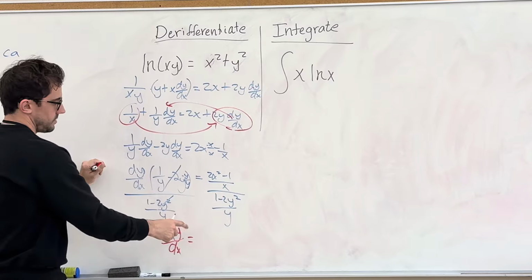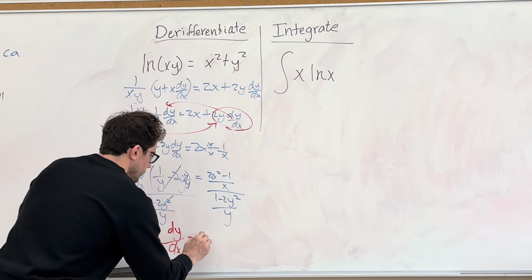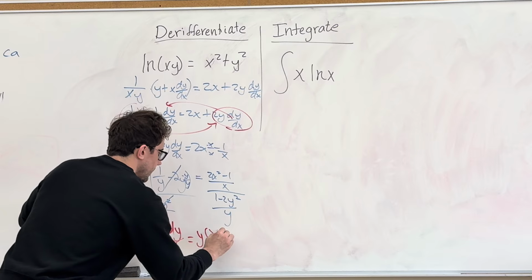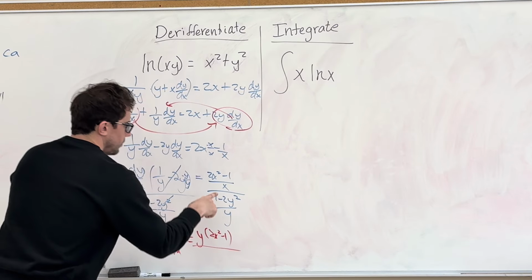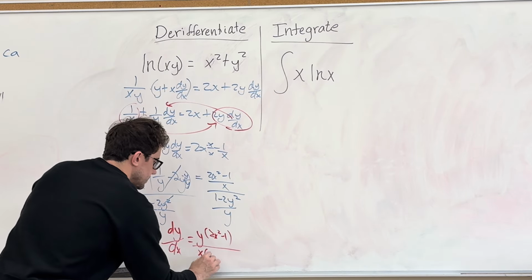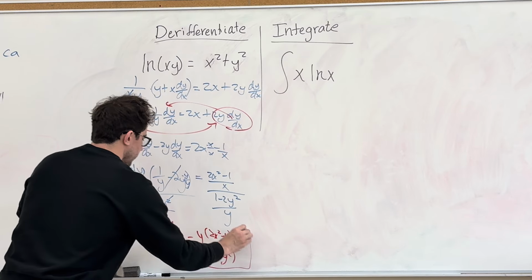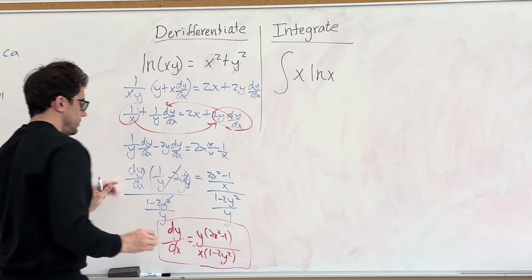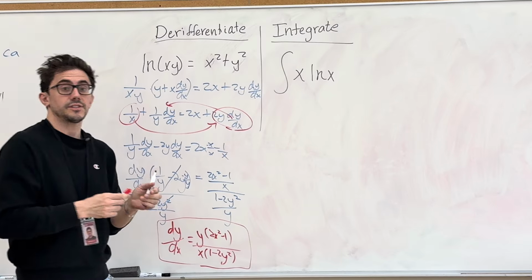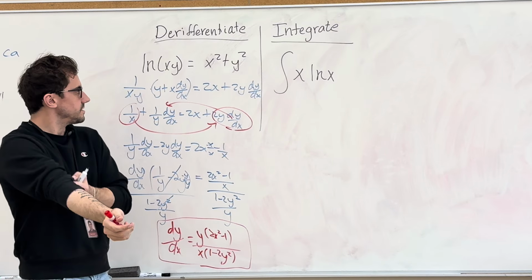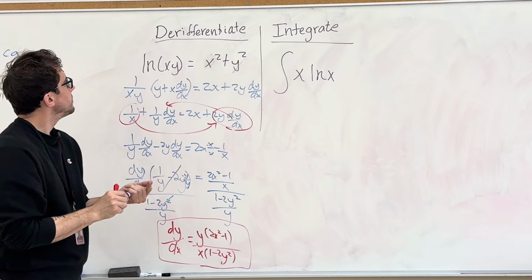Again, flip and multiply, so we're going to have y times 2x squared minus 1 all over x times 1 minus 2y squared. And here we are. There's our final answer. That takes care of the derivative portion.